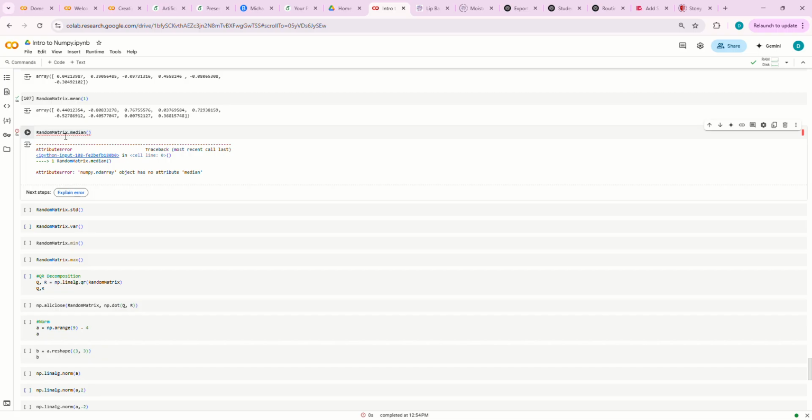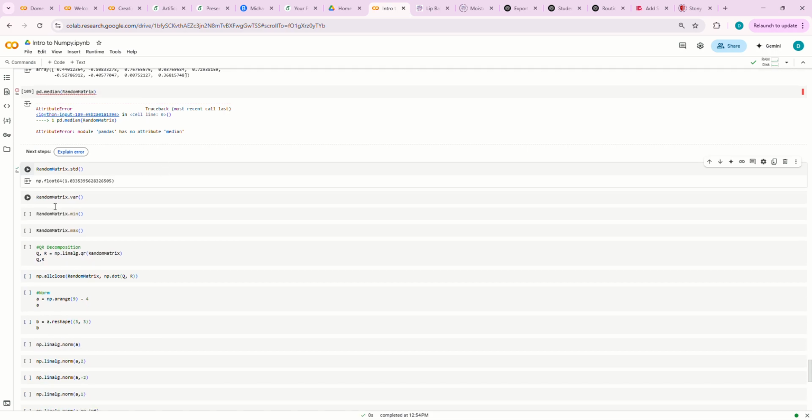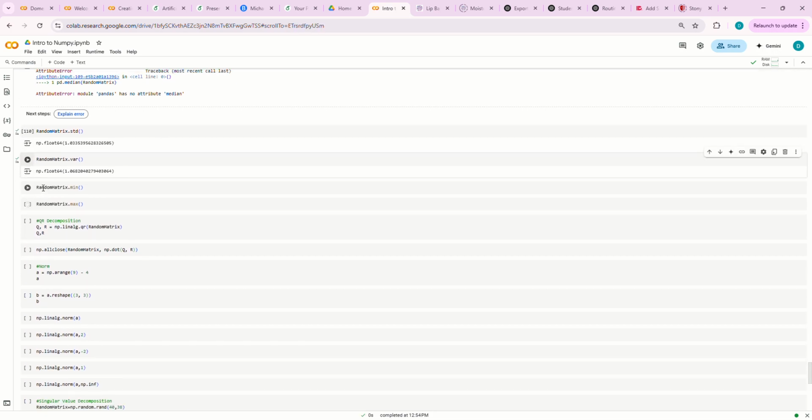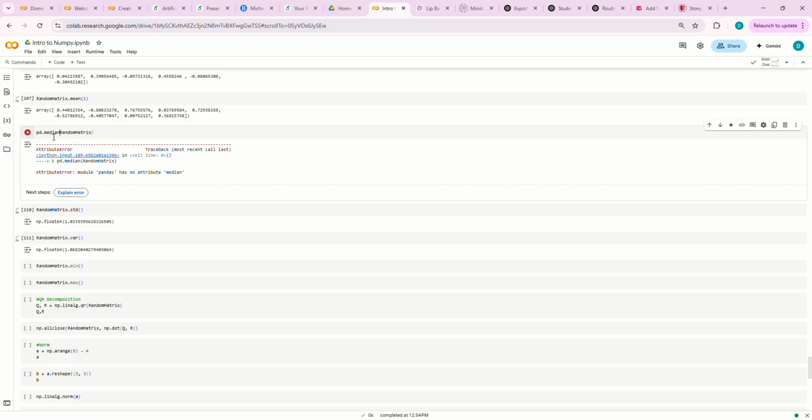Take the median. np.array does not have attribute median. We'll leave it as is now. Random matrix standard deviation, variance. Let's just, I think we can do median.